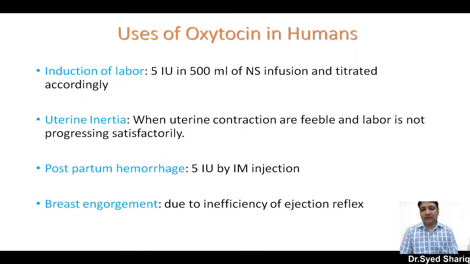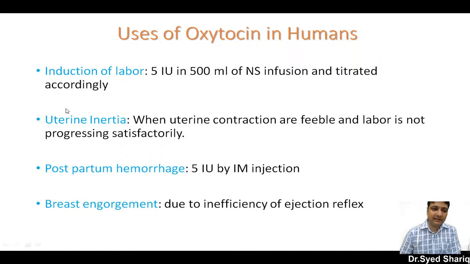It can also be given for breast enlargement if the milk ejection reflex is not there. In that case also, the oxytocin can be given. But the most important role of oxytocin is these two.